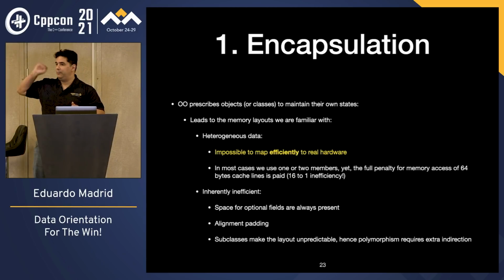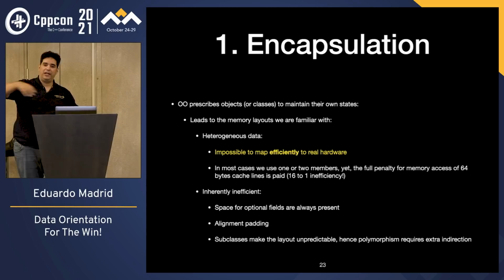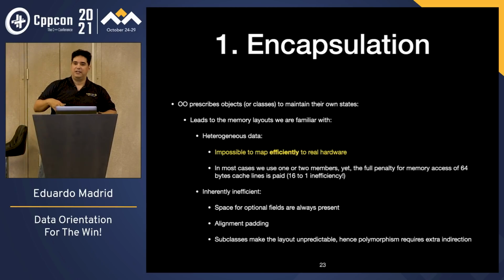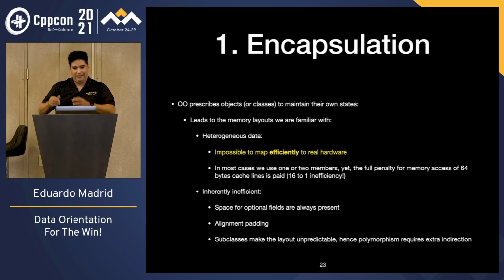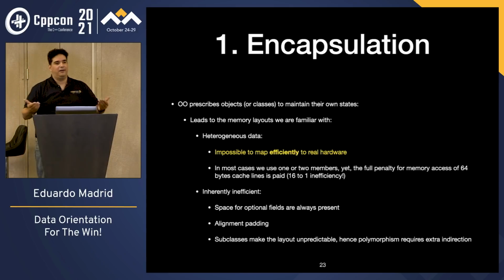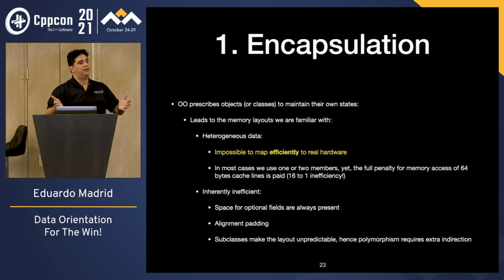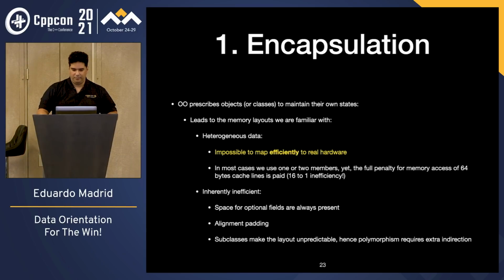Every time that you go to memory to fetch that field from a particular object, you're bringing in the whole cache line, which is 64 bytes, okay? So you are having an inefficiency in terms of bandwidth right there of 1 to 16. And that inefficiency of bandwidth is exactly the same with regards to the utilization of the cache. So effectively, we are slashing by a factor of 16 the sizes of our caches. Massive amounts of performance left there.